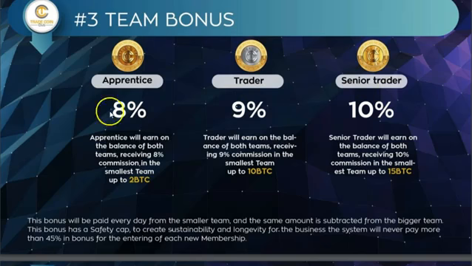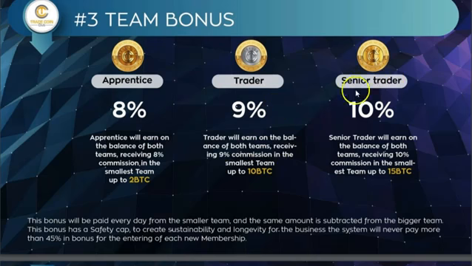So if your left leg is weaker than your right, you're going to make 8% on your weaker leg, all the way up to 2 Bitcoin. That's insane. This is on top of everything else. As a trader, you're going to be earning 9% on your weaker leg, all the way up to 10 Bitcoin per day.